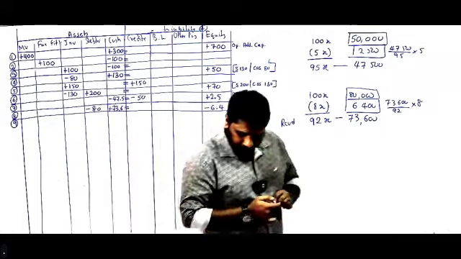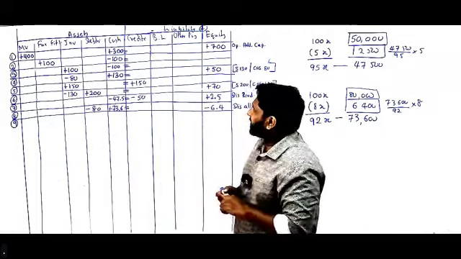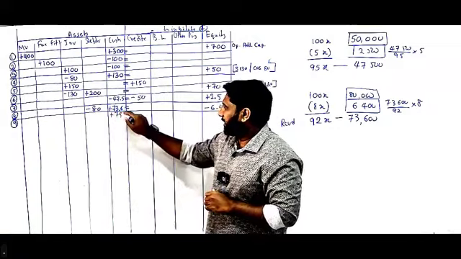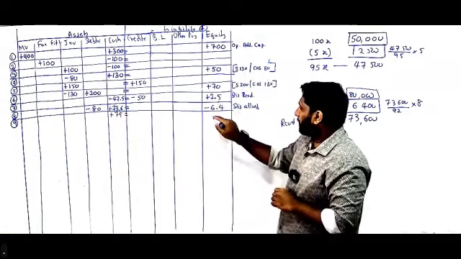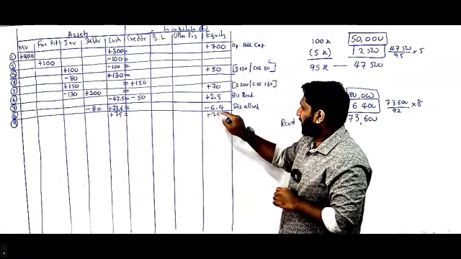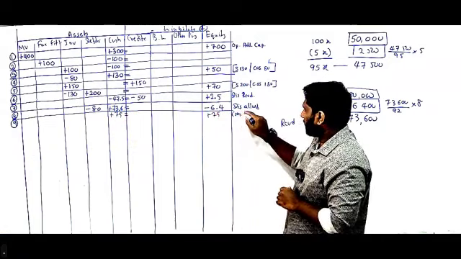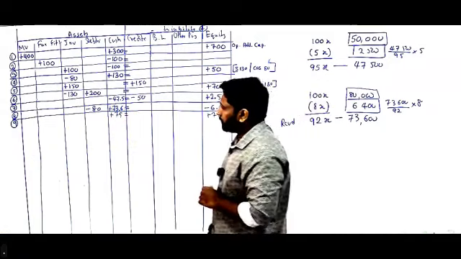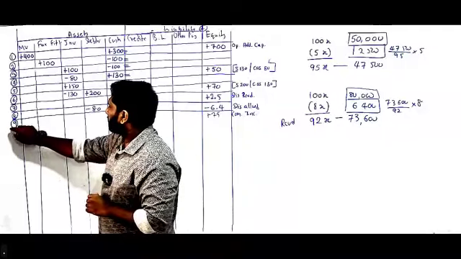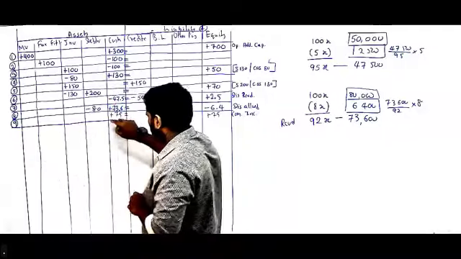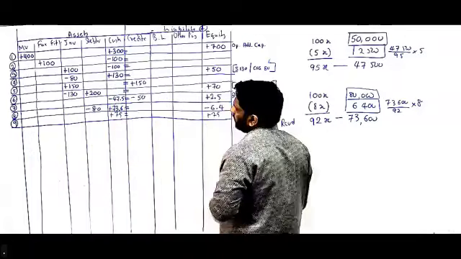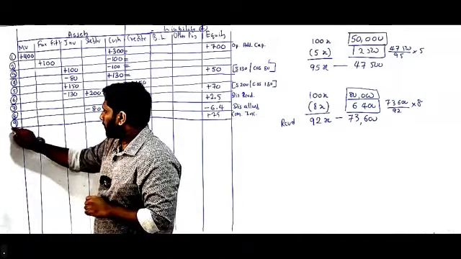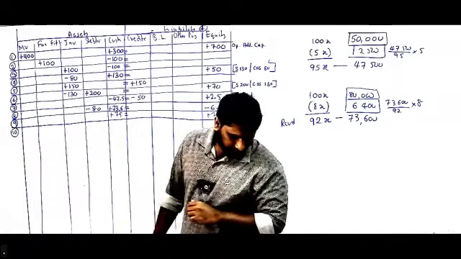Ninth one. It is simple, no? Received commission income, plus 75 cash is increasing. It's an income, plus 75 equity, commission income. 10th one.